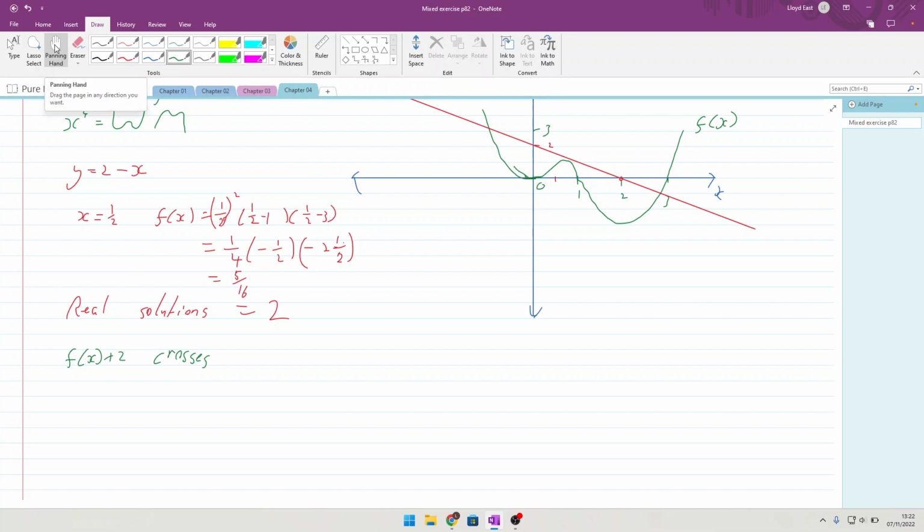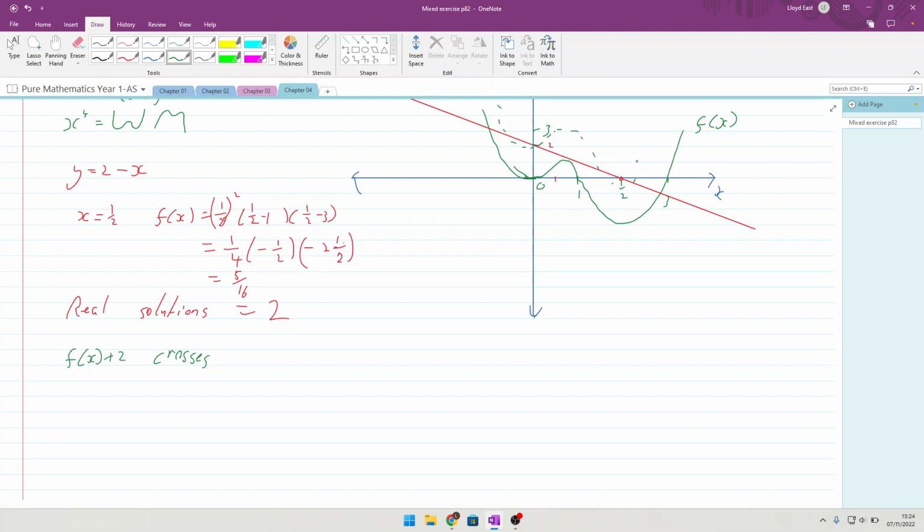So plus 2 just raises the whole thing up by 2, meaning that it's going to cross at this point here, giving it the whole wiggle like this.